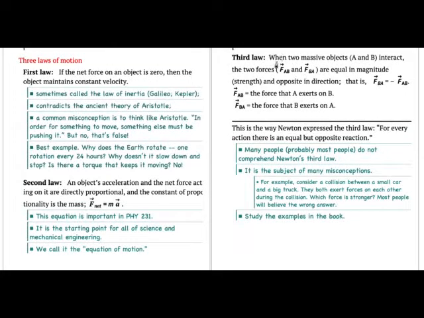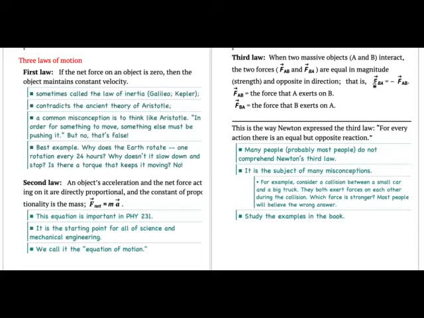The third law says when two objects, call them A and B, interact, there will be two forces, FAB and FBA. Those two forces are equal in magnitude, or strength, and opposite in direction.